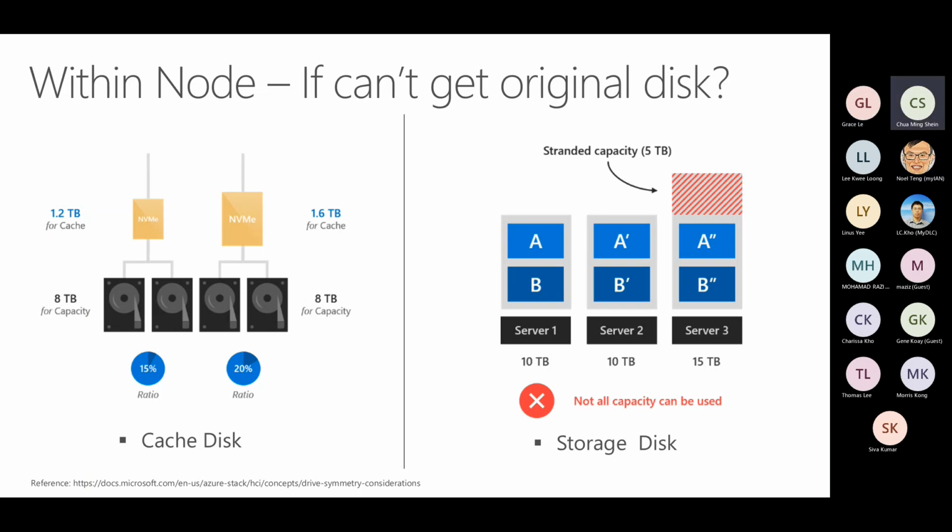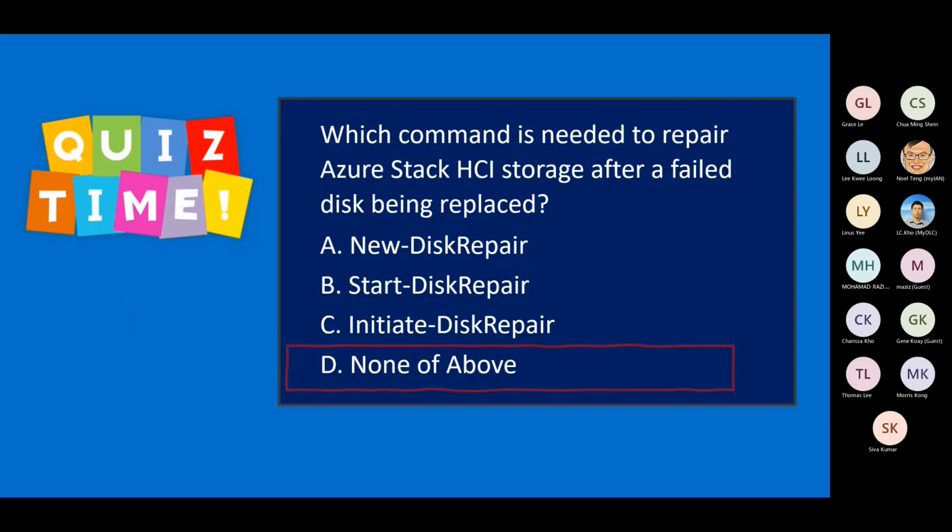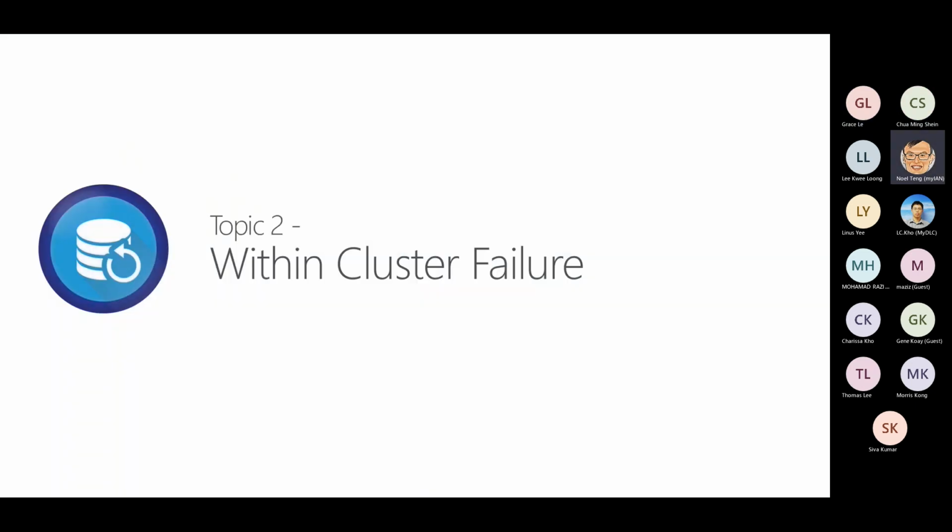Thanks for sharing. But it's important to know that every node needs a minimum of 2 cache drives. That's the supported configuration. So the likelihood of both cache drives in each of the 2 nodes going down at the same time is very, very rare.